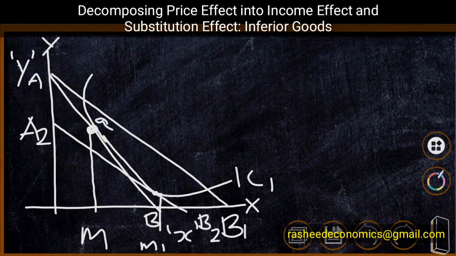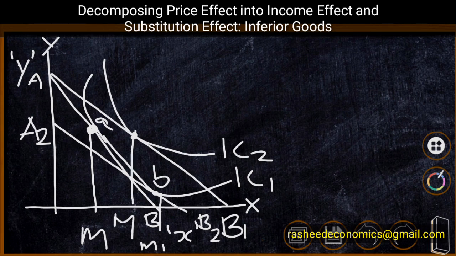And consumer will be consuming point C on indifference curve IC2, which is tangent to income price line AB1, and consumer is consuming OM2 amount of product.